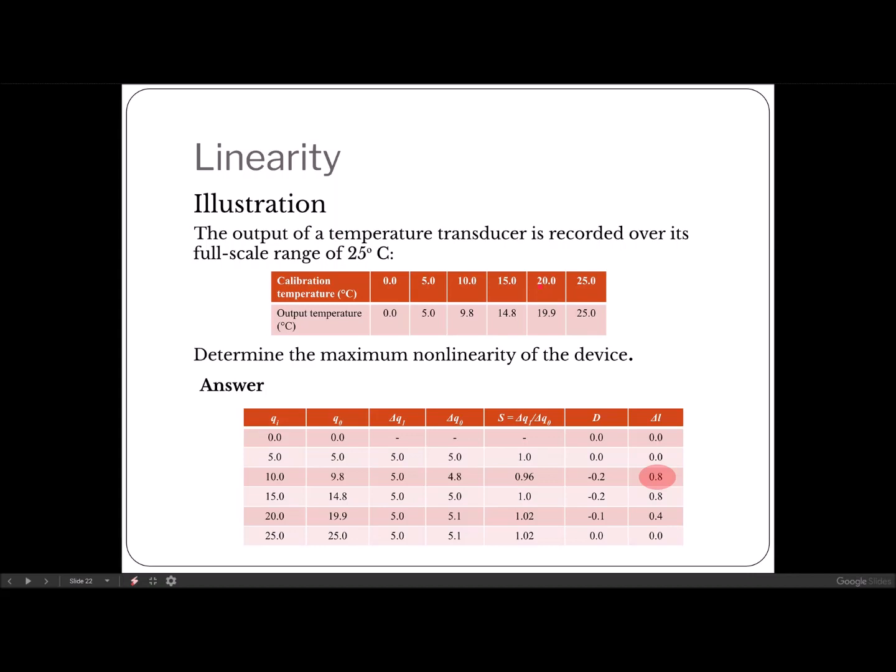And then I record the output of my thermometer. Apparently it is 0, 5, 9.8, 14.8, 19.9, and 25 degrees Celsius respectively. And then what I did, I listed it down here. So this is the reference temperature, 0, 5, 10, 15, 20, 25, and this is the reading that I get from my thermometer.